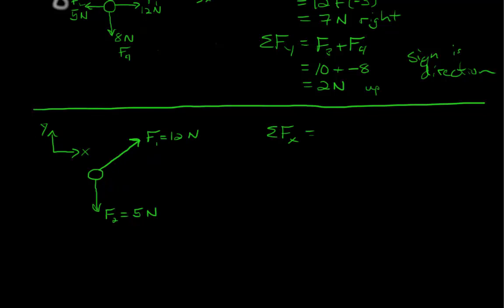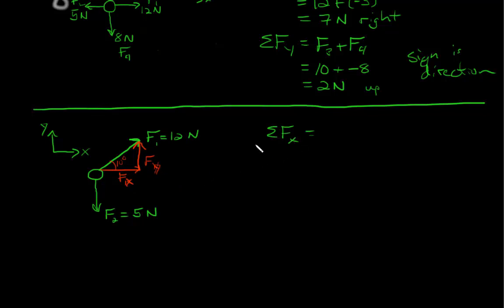So we get force 1 in the x direction, and force 1 in the y direction. And then we would have some angle here. Let's say it's like 10 degrees.